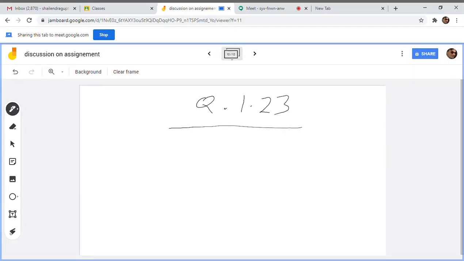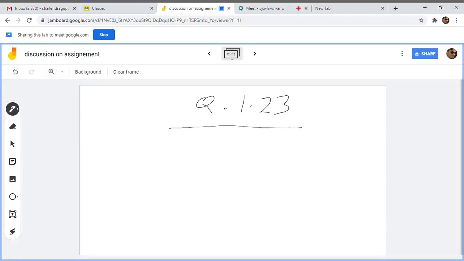Question 1.23 says that there are many surfaces. So a surface, what will it be? A plane, which has two dimensions. The third dimension will be constant. So you need to see what the surface will look like.